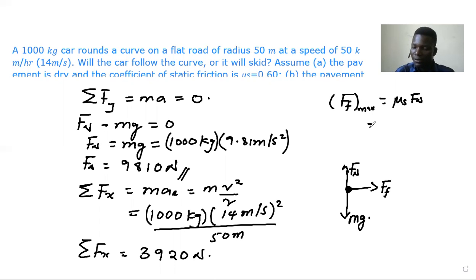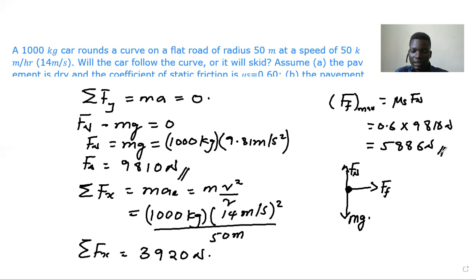So we have 0.6 multiplied by the normal force we calculated, 9,810 Newtons, and that is going to give us 5,886 Newtons.